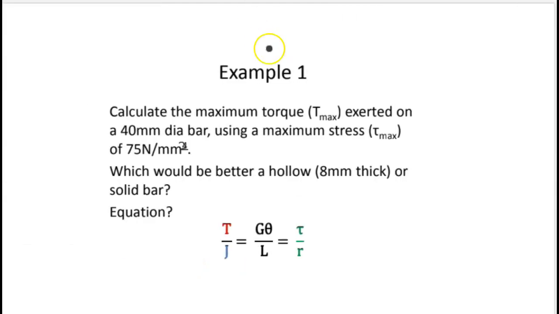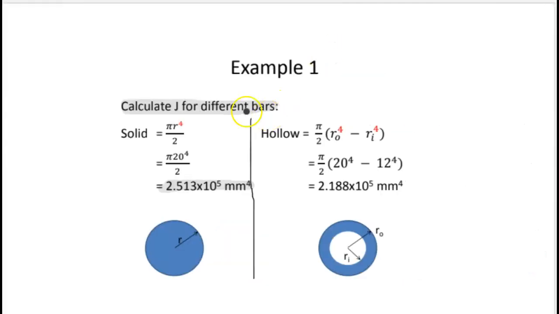For the hollow one, let's have a look. It is 8 millimeter thick. If the hollow is 8 millimeter thick, then I need to reduce the 8 from here and 8 from here.